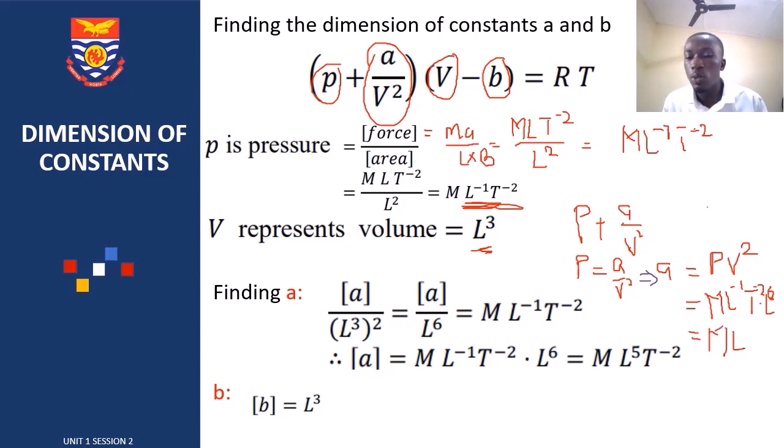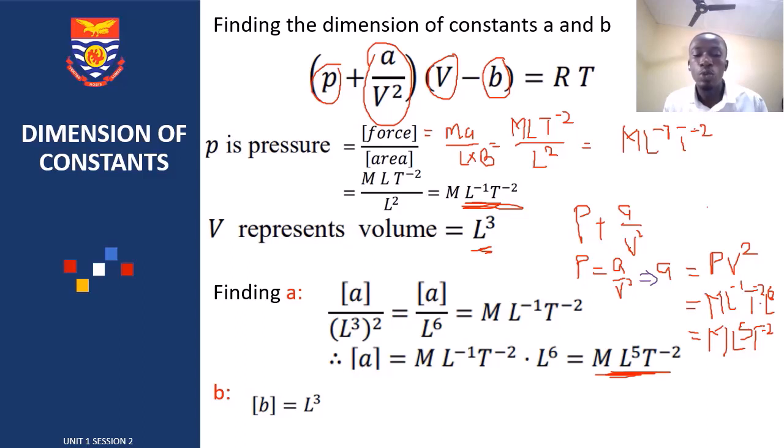We have L minus 1 here already and L to the 6 here. So 6 minus 1, we get 5. And we bring down T minus 2. And that is what we have here. Very simple. So the dimension of A is the whole of what we have here, and you can use this to determine the unit for A. I think it will be a nice trial for you to do.